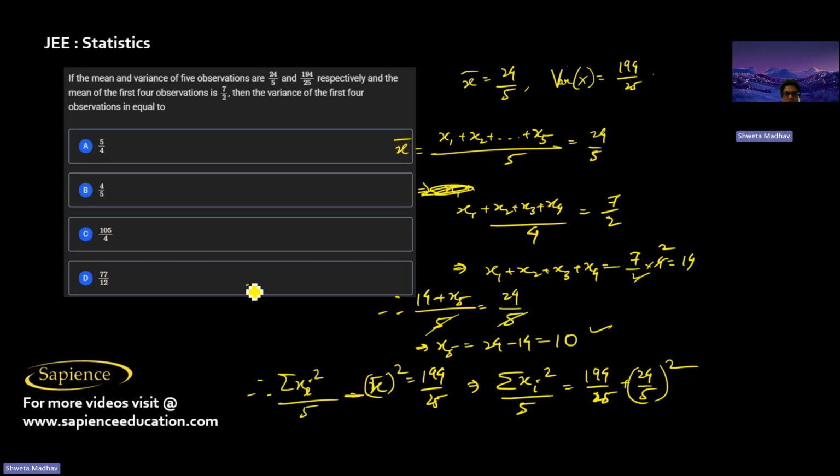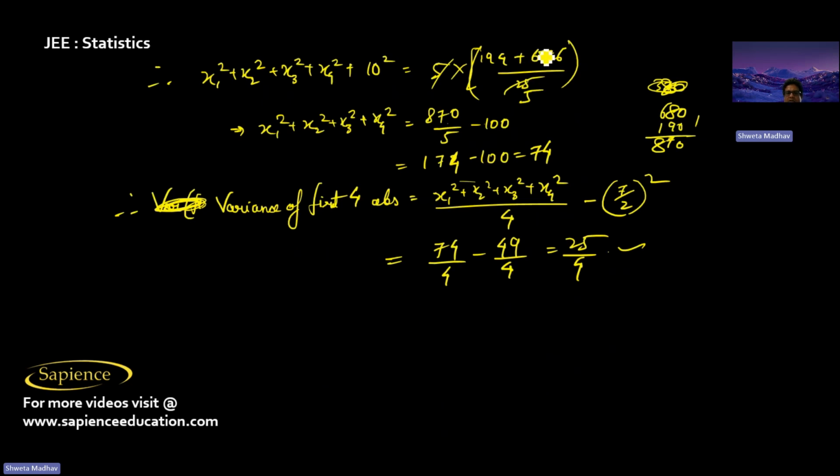Now 24 square will be (20 plus 4) whole square. So this is 400 plus 16 plus 160, so that is 576. It is not 676, it is 576. Plus 4, that is 580, and this is 870, minus 100.